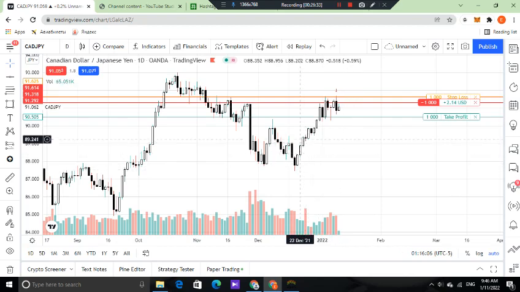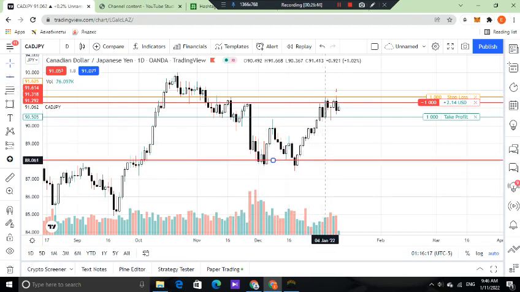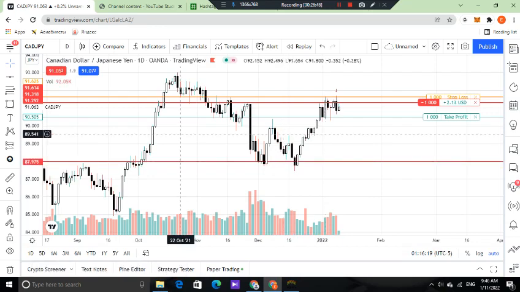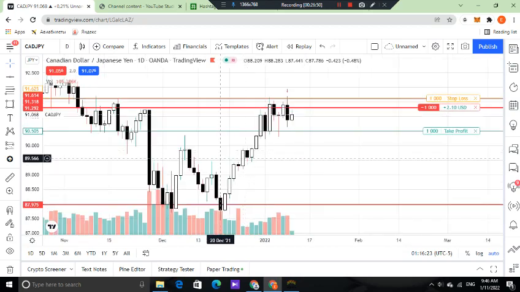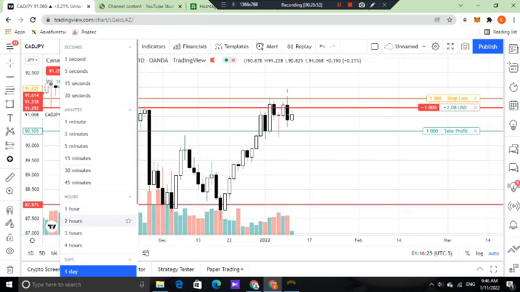The essence of these levels is to reverse the price, so in 80% of cases they respect this, and they don't cross the line.